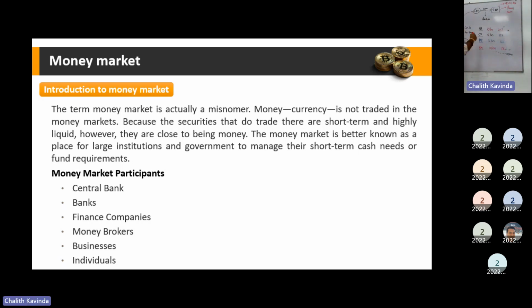So this entire part, we call it the primary market for treasury bills.